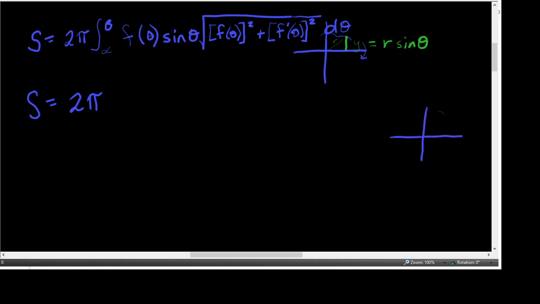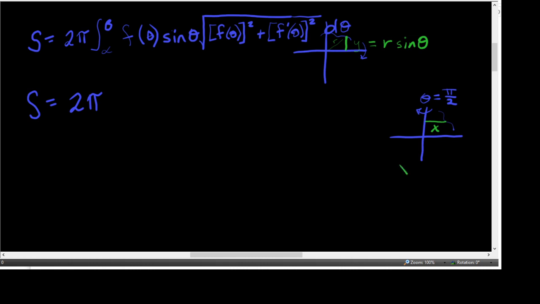And if we have our curve and we want to measure from the axis of revolution, which is the line theta equals pi over 2, that's what the y-axis is called, the entire line, the y-axis is theta equals pi over 2. If we're revolving about that, then the radius of the solid that we're creating is measured from the y-axis to the curve, which is a measure of x.